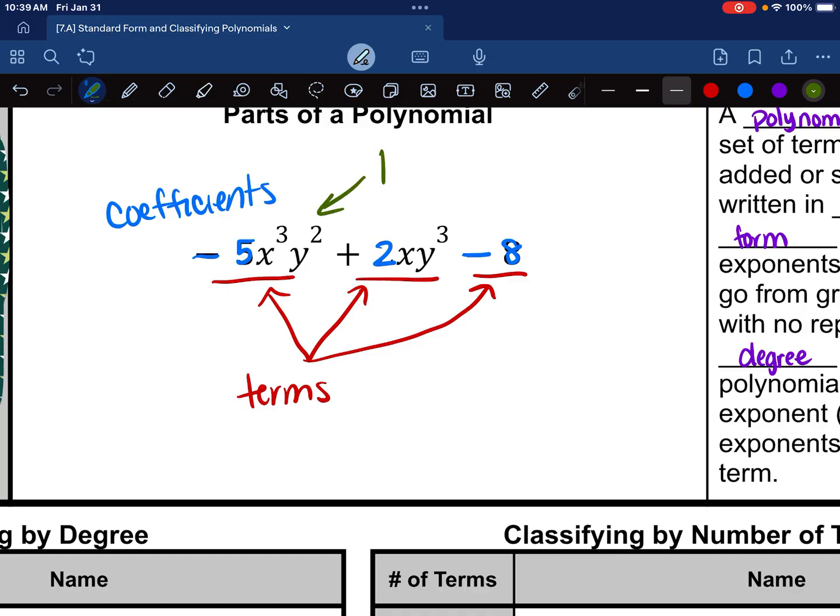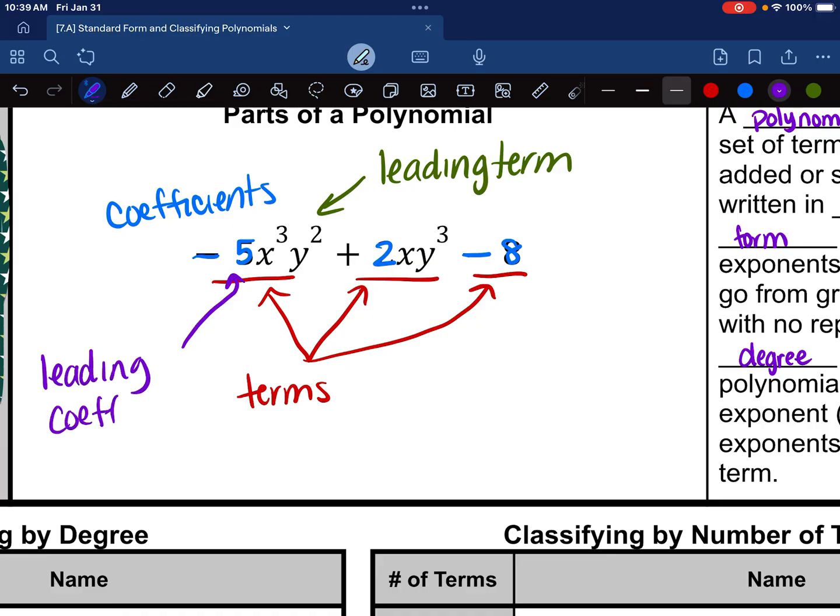This is called the leading term because it's in front. The 5 is the leading coefficient. Okay, so those are kind of the parts of the polynomial.